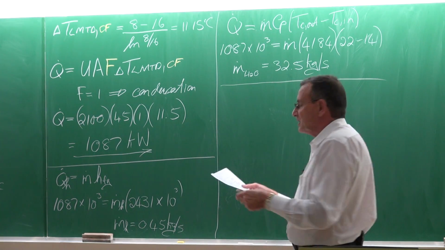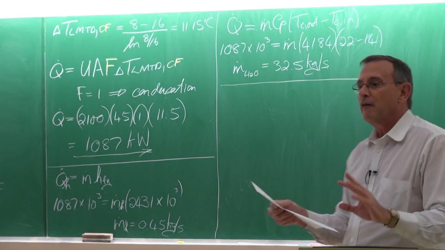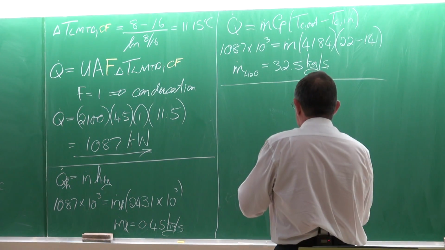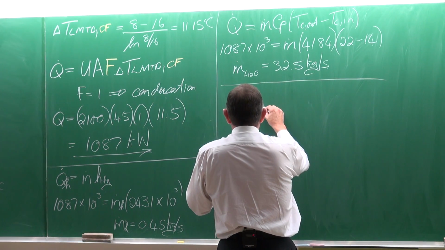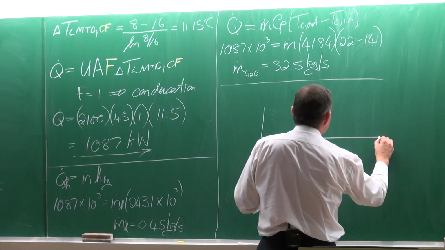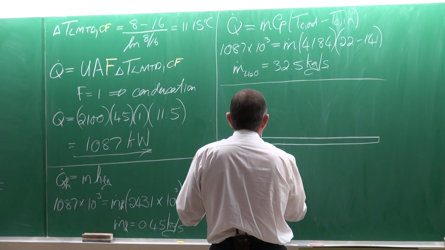And this example is a 2 shell pass and a 4 shell pass heat exchanger. So schematically, it looks like this. There's the 2 shells.